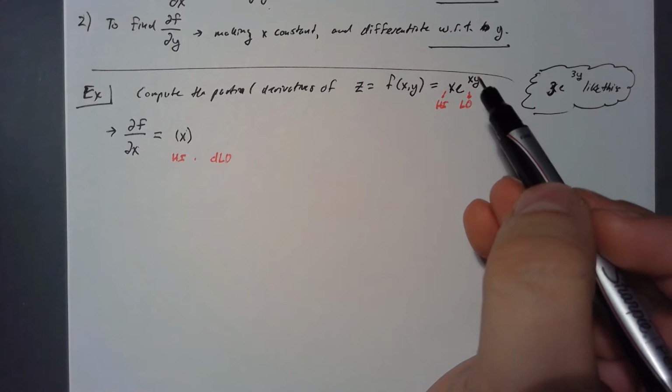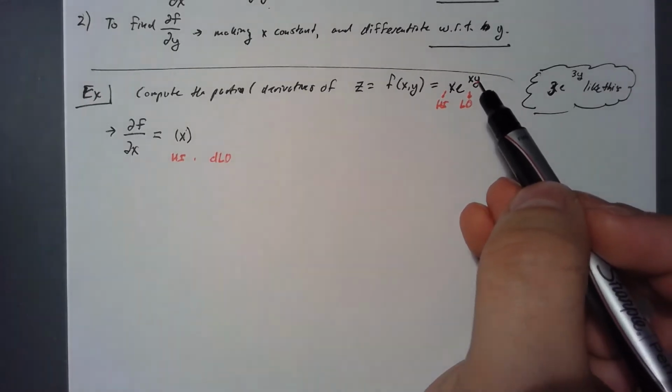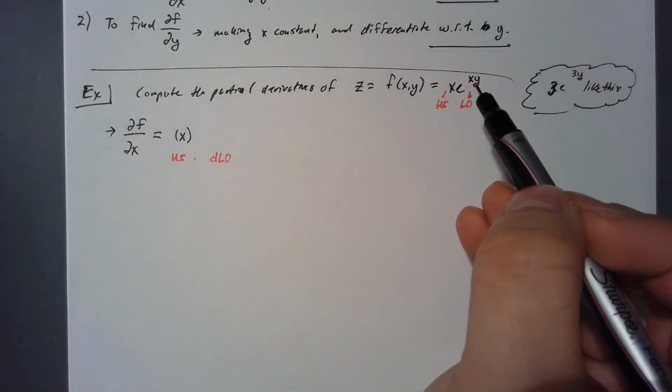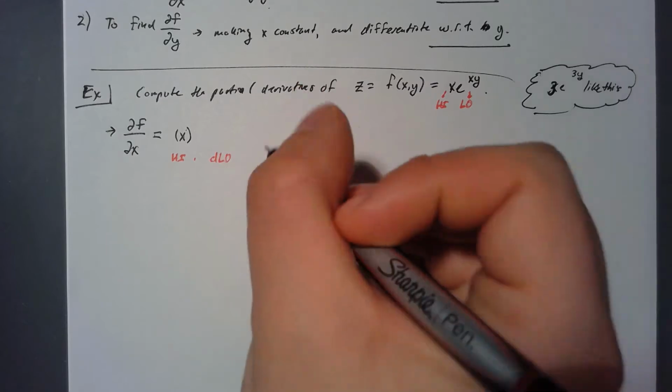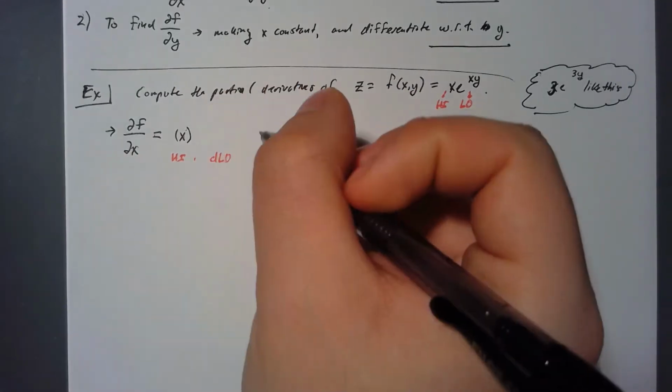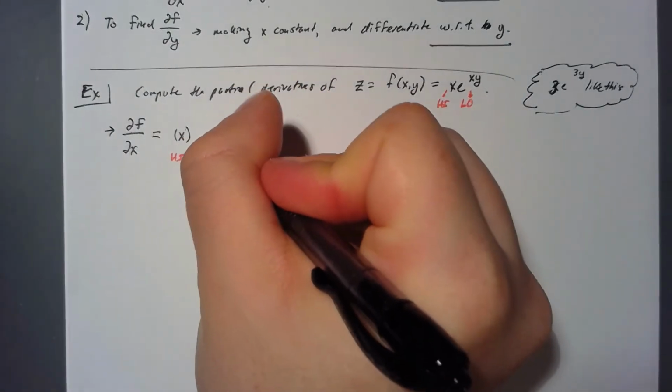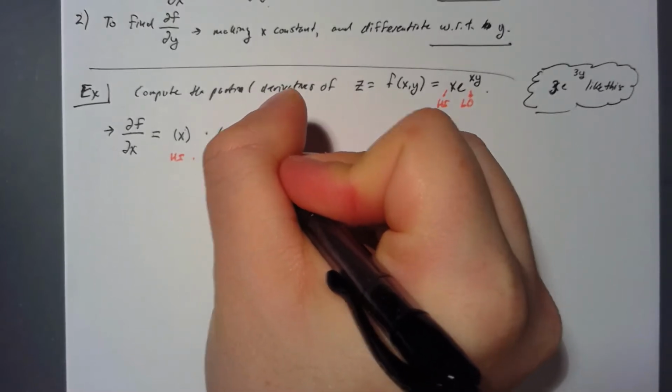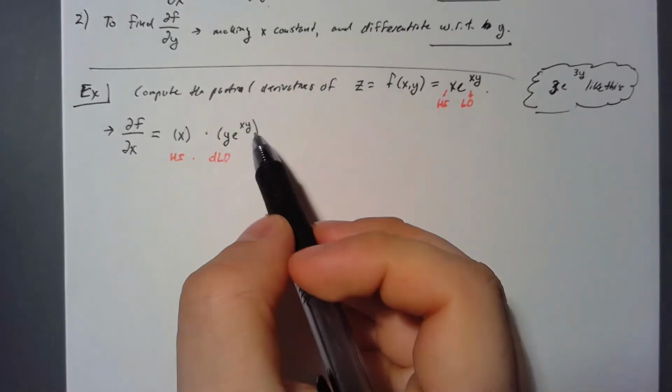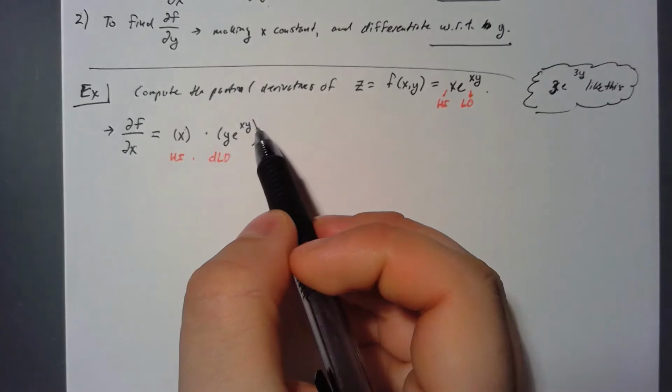So d low, this is going to be a constant, so I'm going to bring this out. So this will be y e to the xy, because what do constants do? They come out. y is a constant in this case.